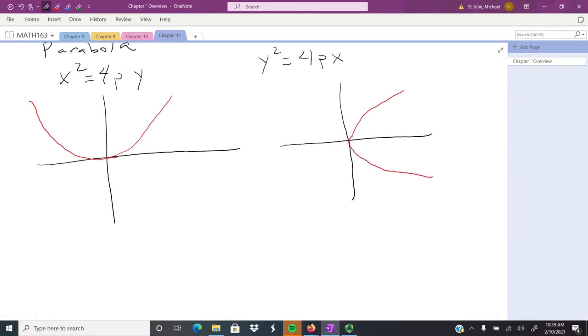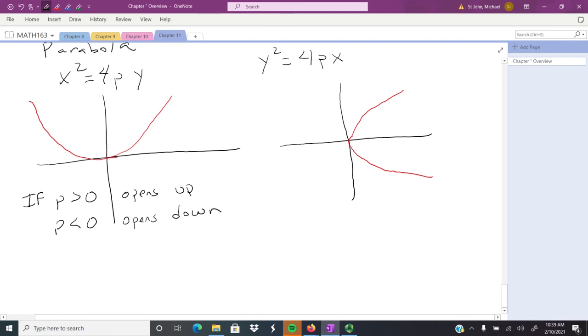And so here, if p is greater than 0, it opens up. If p is less than 0, it opens down.